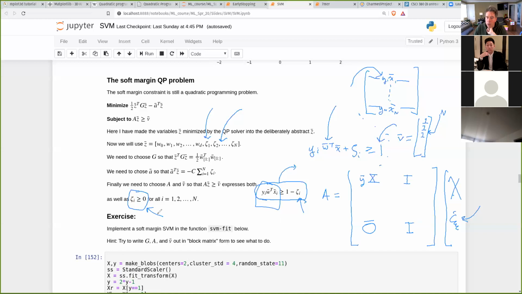And now we're going to be comparing that to the lower part of v. After a certain point, v will just be zeros, and there's going to be n of those zeros there. Okay, so I believe that's right.